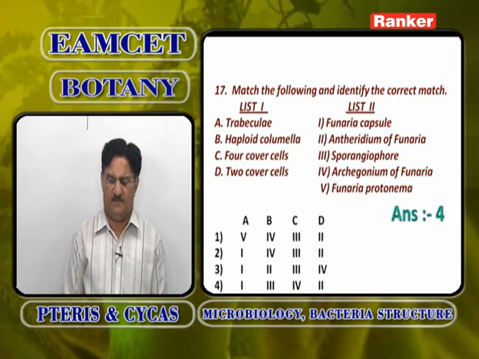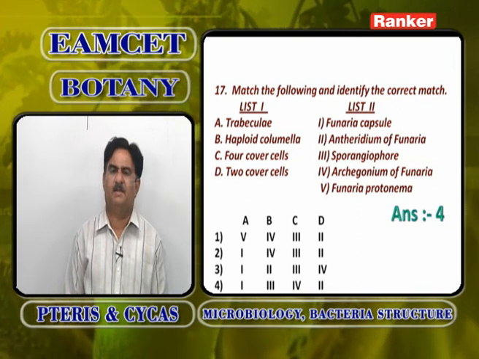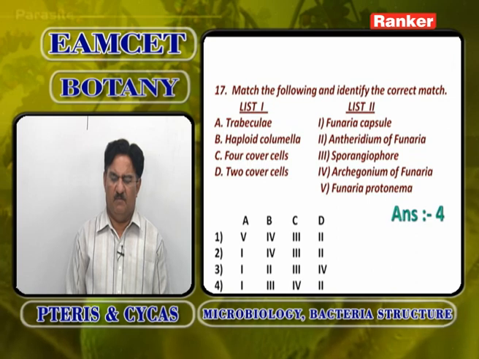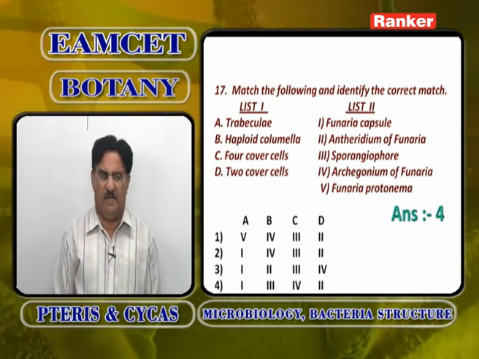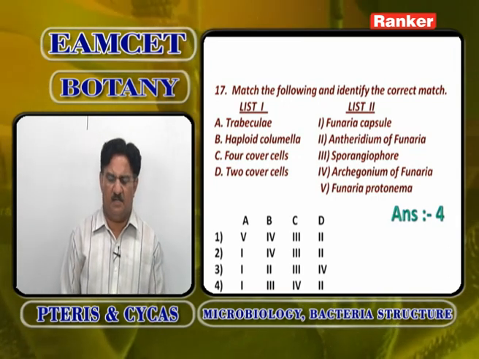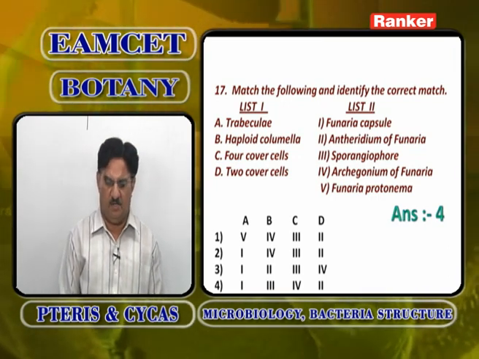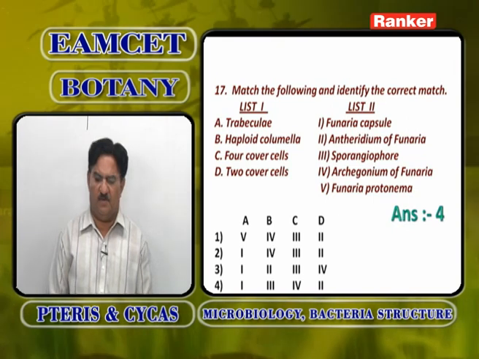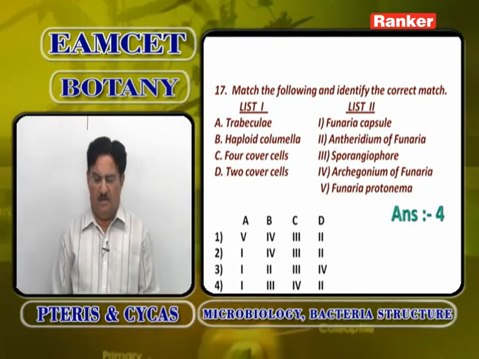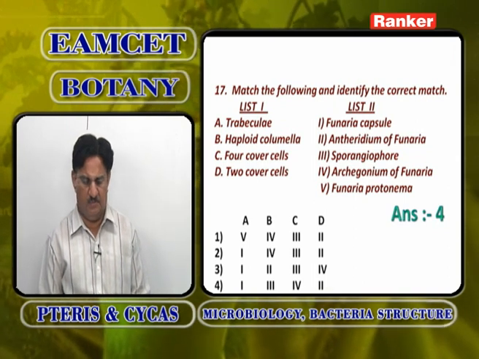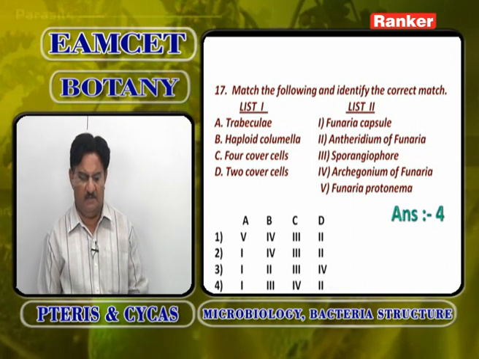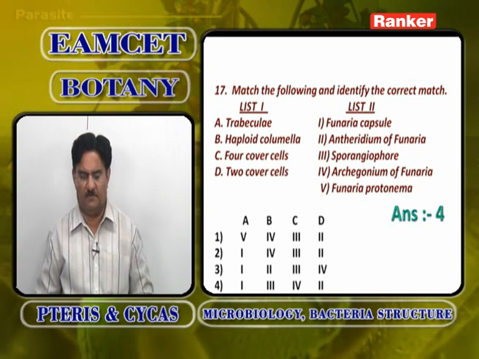Haploid columella is found in sporangiophore because the sporangiophore ends as a sporangium which contains a haploid columella. The capsule contains a central special haploid tissue called columella. So A1, B3, C4, D2. Fourth option.